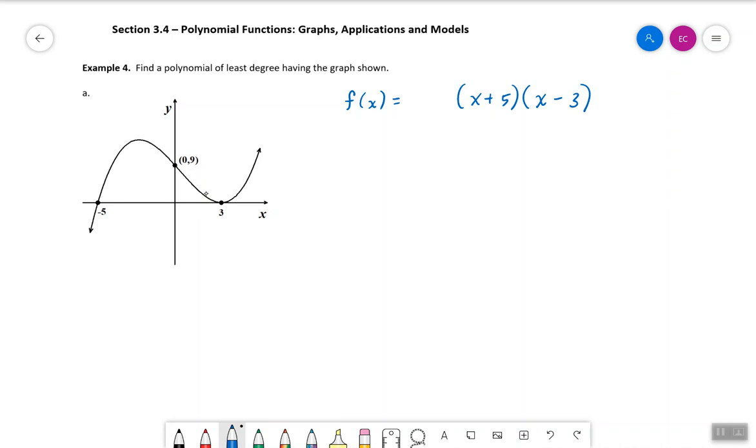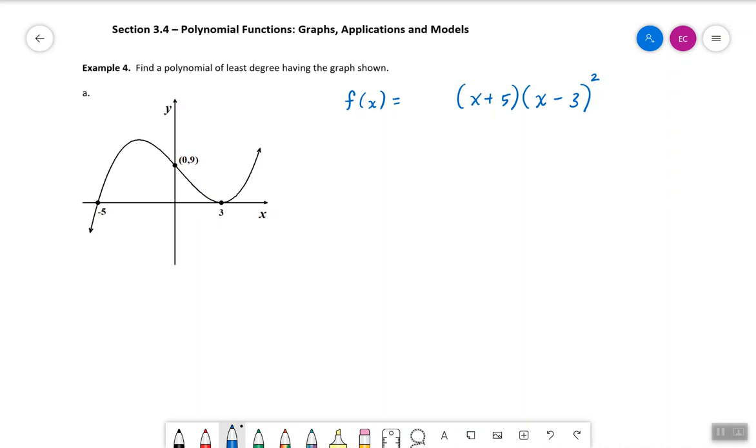At x equals 3, the behavior is a bounce, and that means the factor has degree 2. If we look back at the x-intercept at -5, that behavior is crossing the x-axis, so the exponent on that factor is just 1, and so we can leave that.